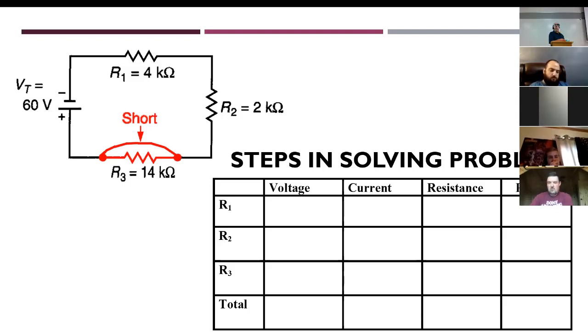It's pretty much straightforward Ohm's law. 1 milliamp? No, but you're close. Should be 10. 10 milliamps. 60 divided by 6,000.